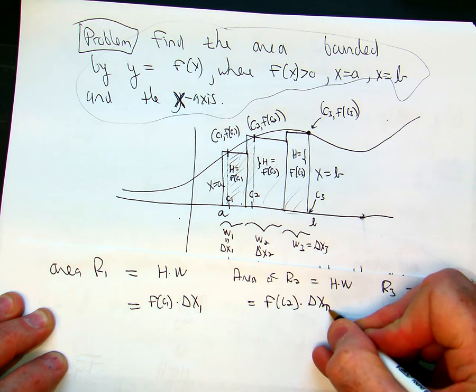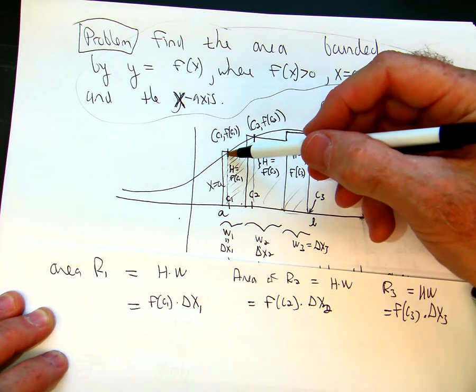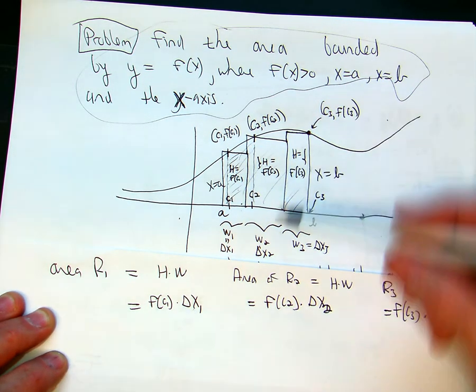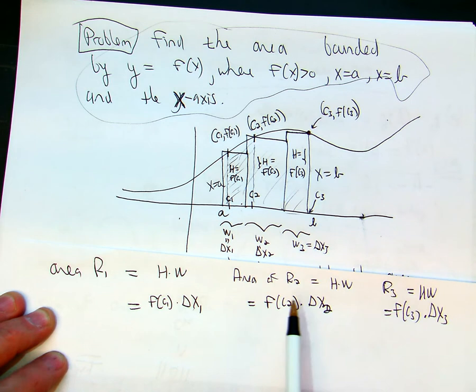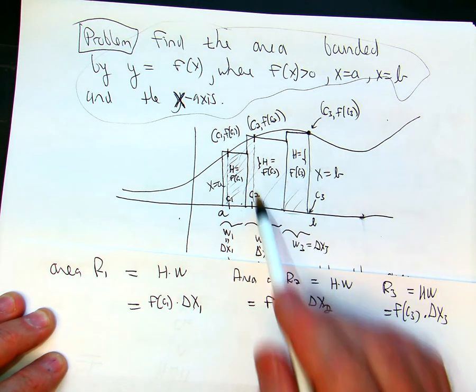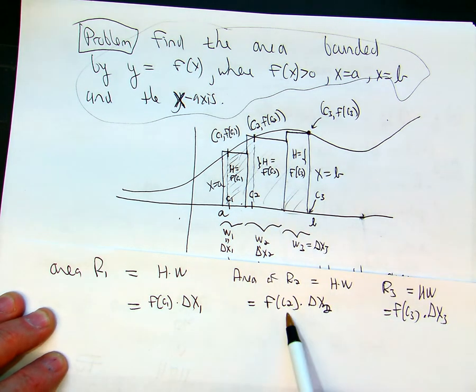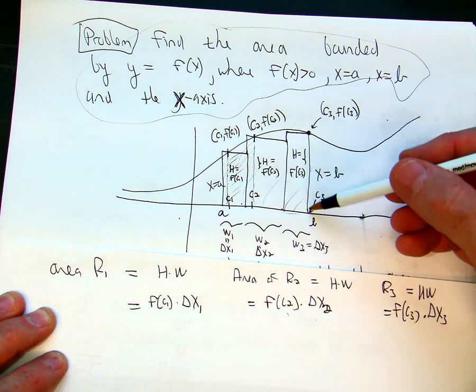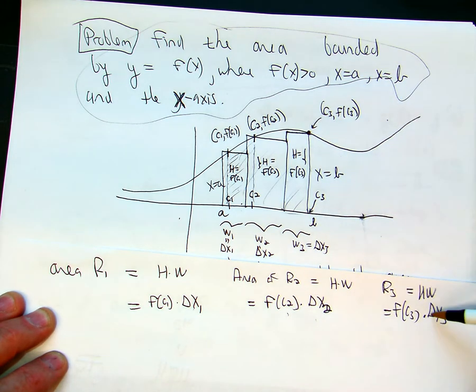So the area of each rectangle is height times width.